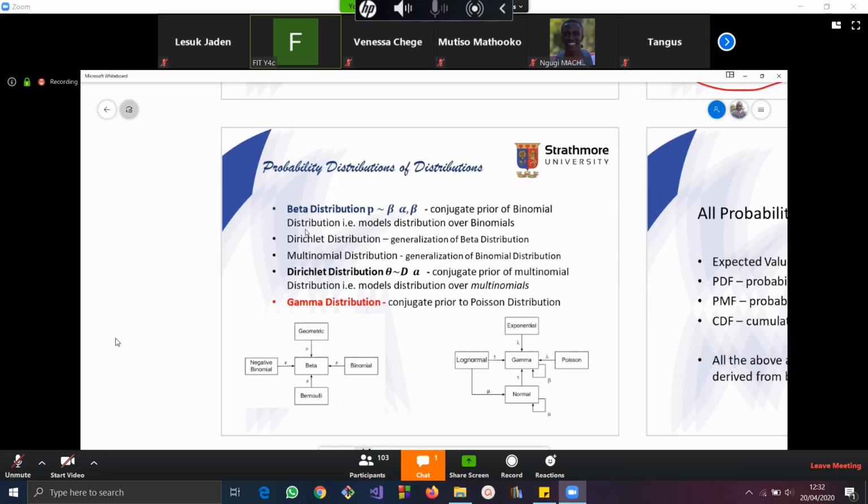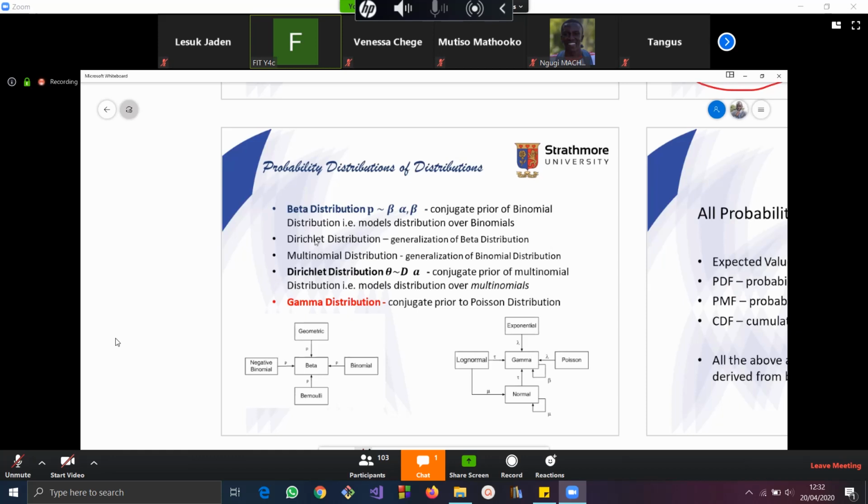Very confusing. You have to let that sink. So there is a distribution of a distribution, and it is going to be important in machine learning, like we are going to see. So here are a few examples that are actually going to be used.